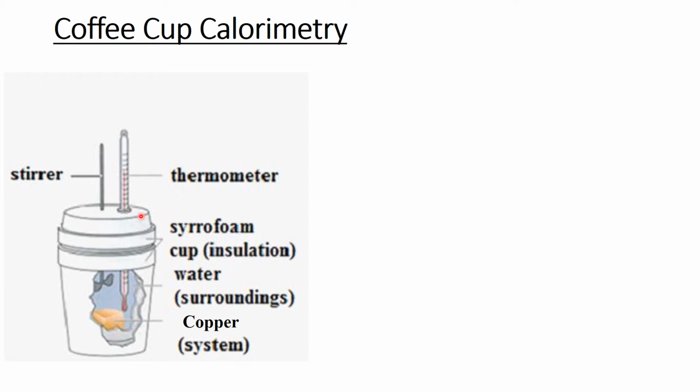And then I covered it with the thick styrofoam lid. And then I made little holes for my thermometer so I could tell the temperature, and a little hole for the stirrer so I could stir the water around. Well, that would prevent any heat transfer to anything except the water.